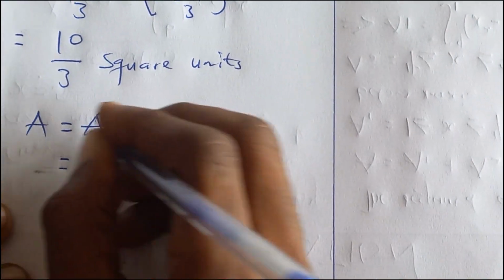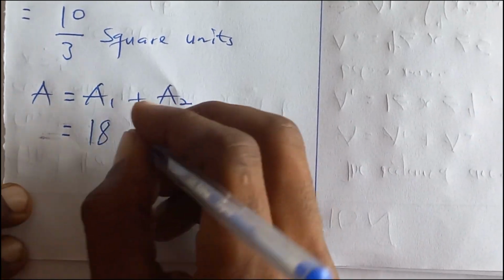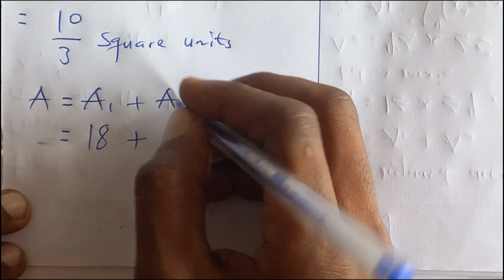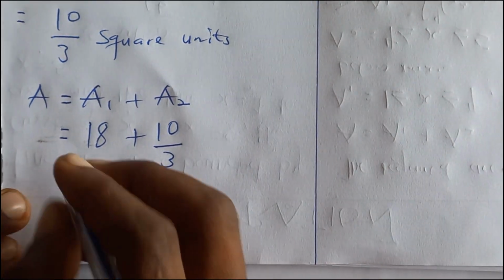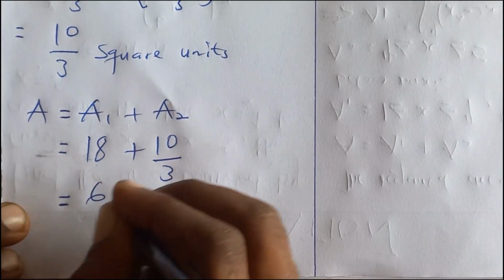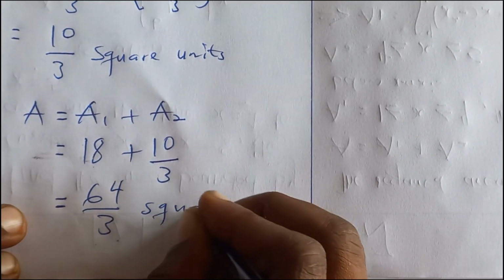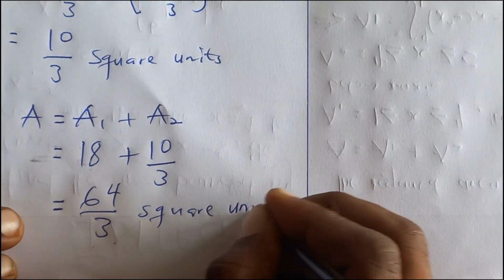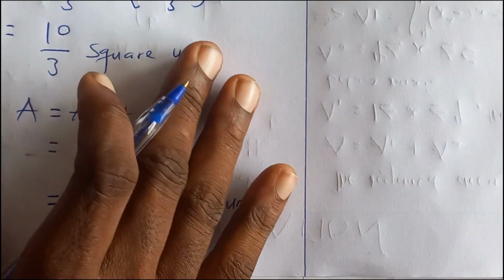So it's going to be A1, which we had as 18, plus A2, which is 10 on 3. So 18 plus 10 on 3, we are getting 64 on 3 square units. So this is our answer for the problem.